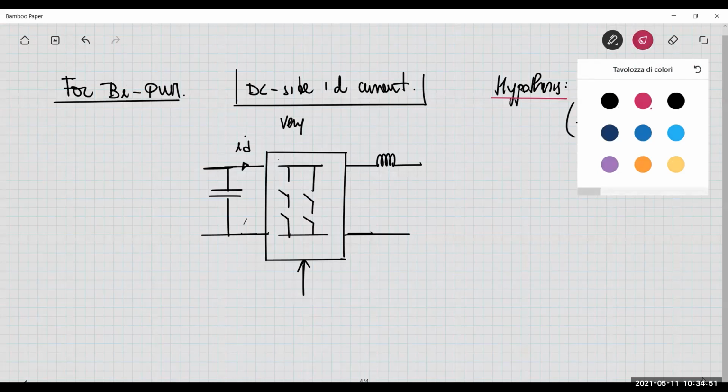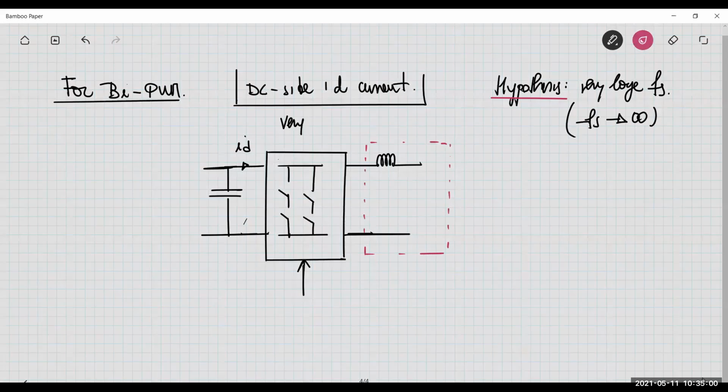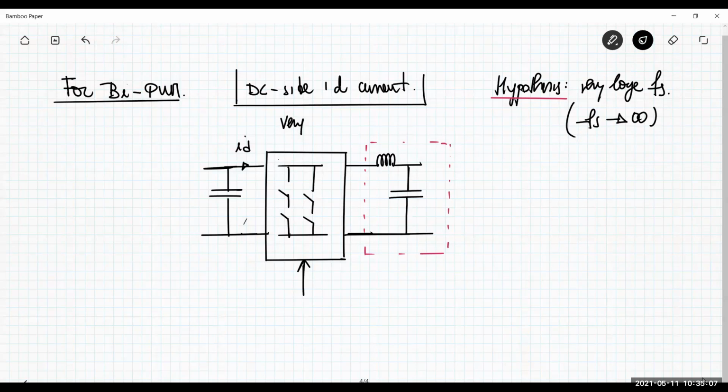And also suppose that I put here at the output side a low-pass filter to obtain just the average quantities, V naught average and I naught average. For example, this filter can be a second order low-pass filter. Okay, let me put, I don't know, LF2, CF2. So here you can have V naught and I naught, and these quantities are sinusoidal quantities.